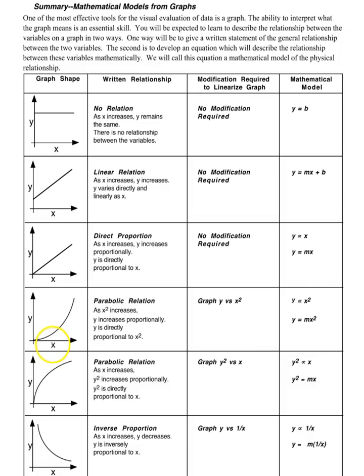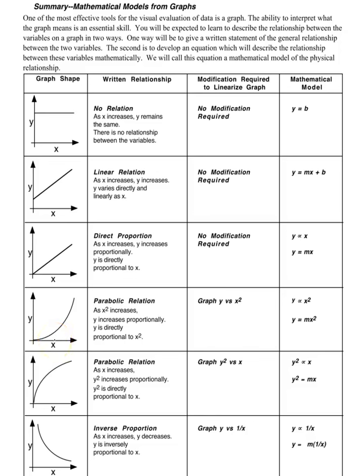Whatever the independent variable is, square all those values and plot y versus the square of x. If indeed y versus x squared produces a straight line, then you can establish either a linear relationship or a direct proportional relationship between the two variables. You would say, for example, in this situation, that y is directly proportional to the square of x.